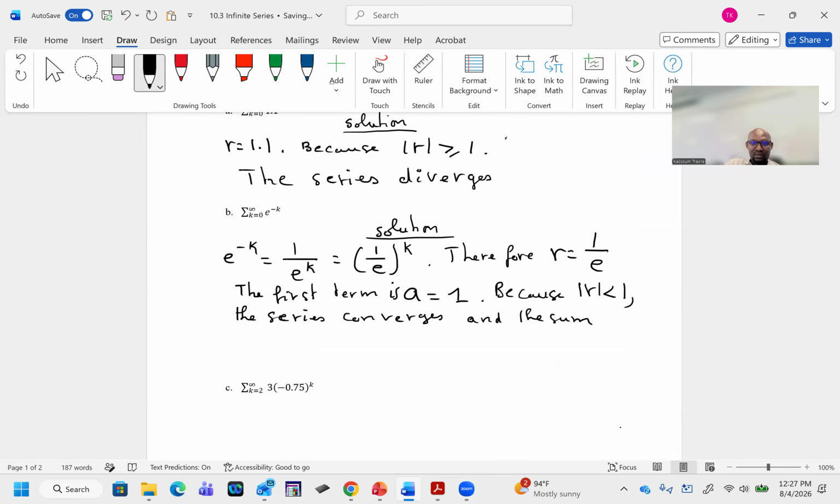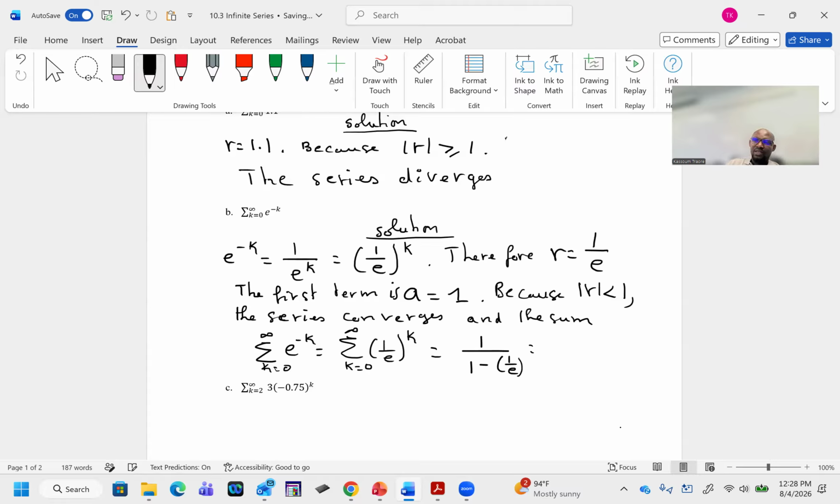We will write the sum from k equals 0 to infinity of e to the power of negative k, which is the same thing as the sum from k equals 0 to infinity of 1 divided by e to the power of k, which will be equal to a, which is 1, divided by 1 minus r, which is 1 over e.